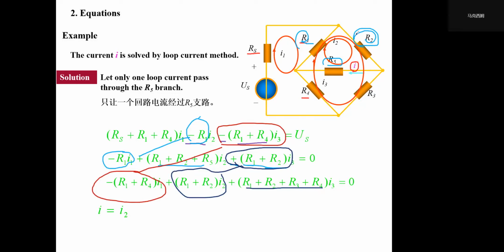Basically, the mesh current method is just a specific application of the loop current method. They are not very different, but the loop current method is much more general. So this is how we do it.